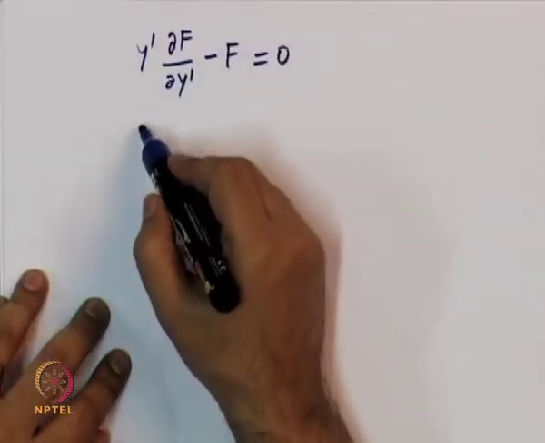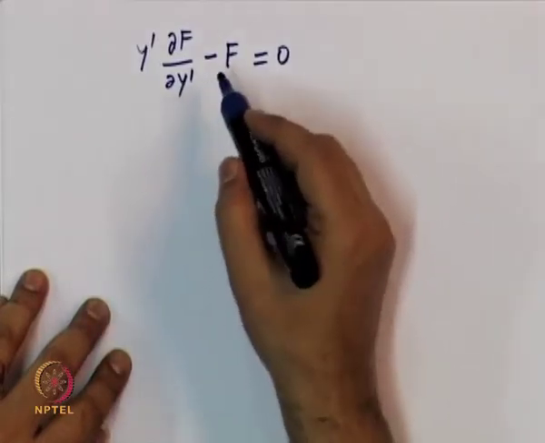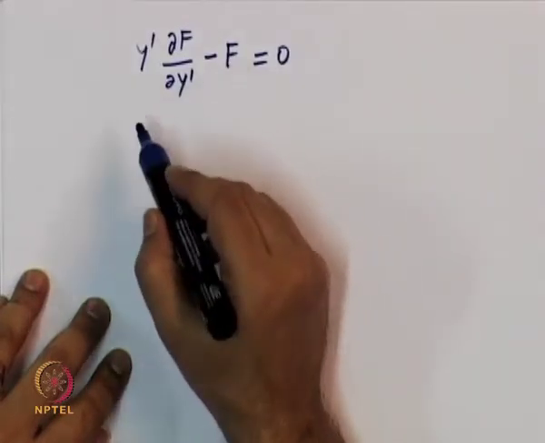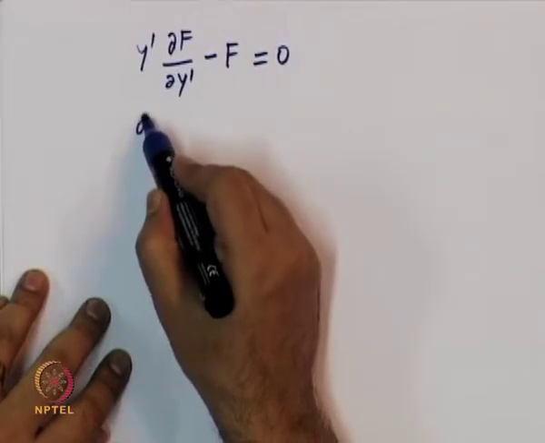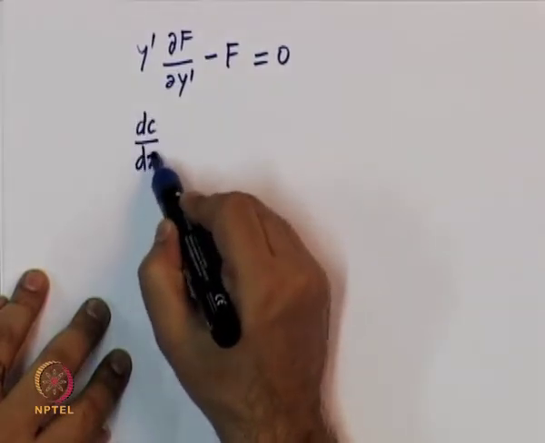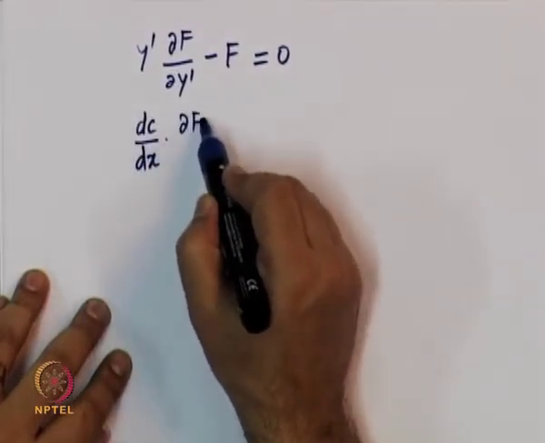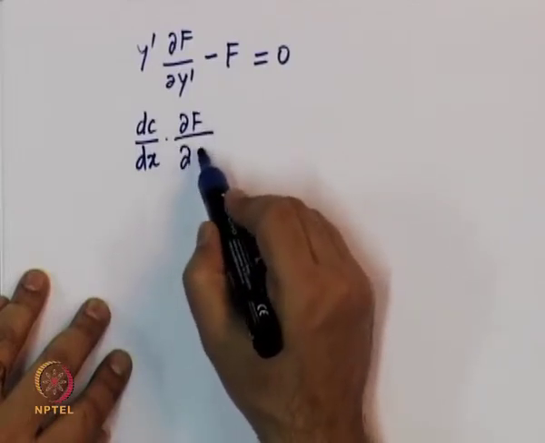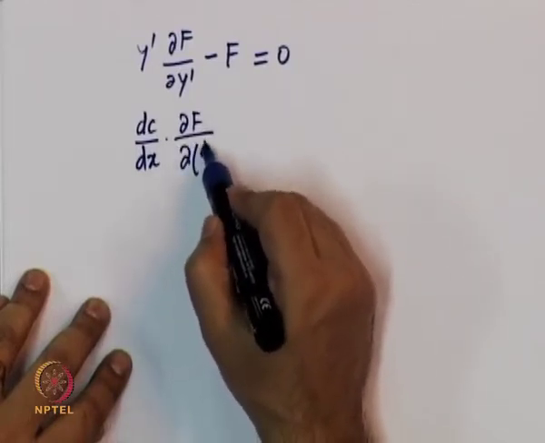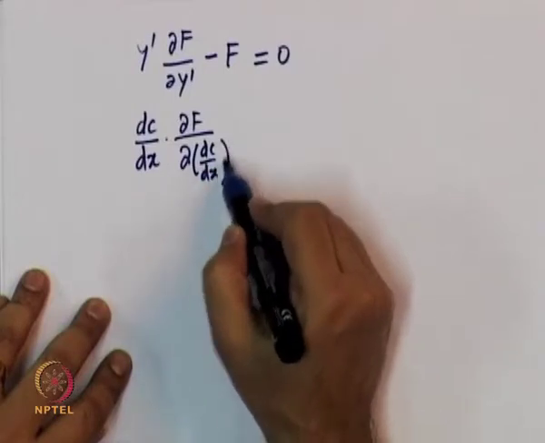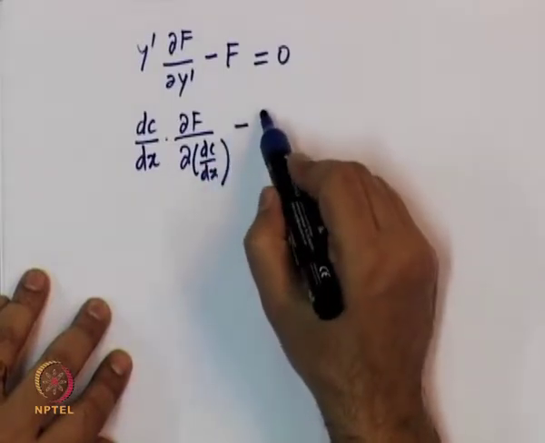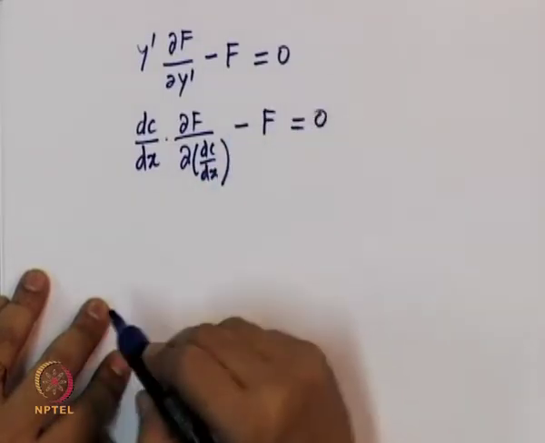Remember, in our case y prime is dc/dx. So we have dc/dx ∂f/∂(dc/dx) minus f is equal to 0.